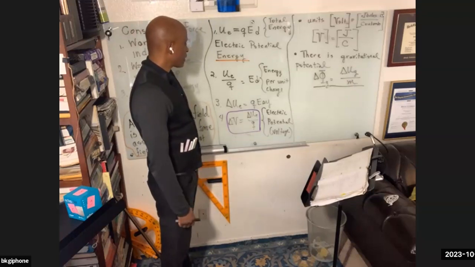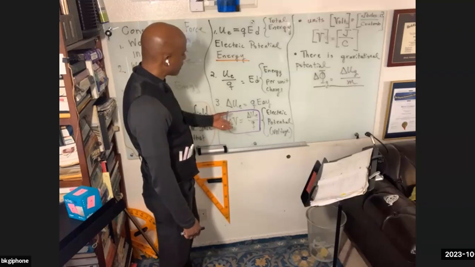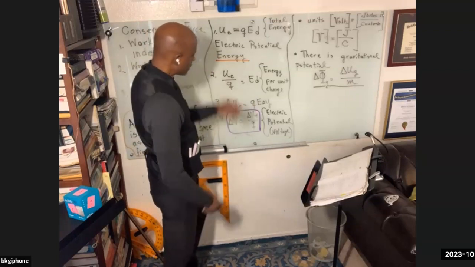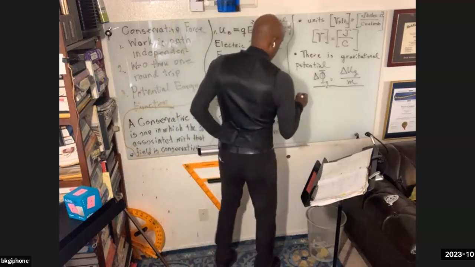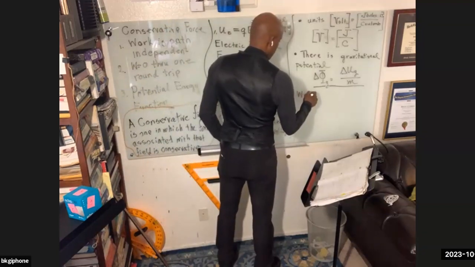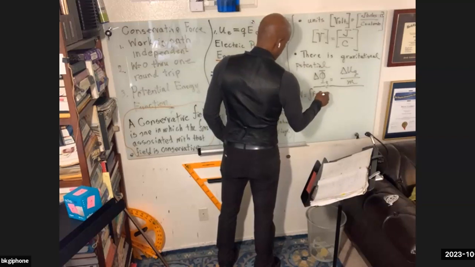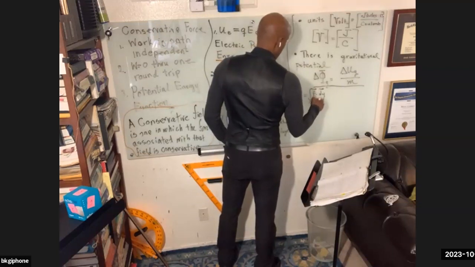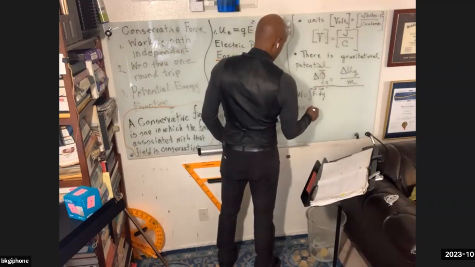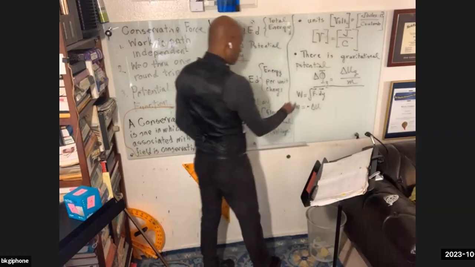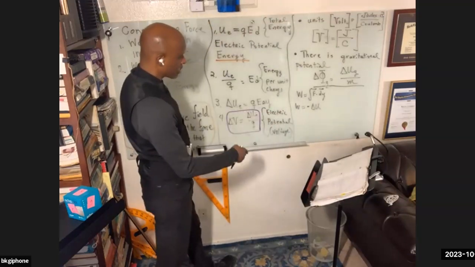There's a couple of ways we can get to it. Since this is new, I'm going to start from stuff that we already know. What I showed you earlier is that we use work, the integral of F dot dy, but we also have the general definition of potential energy, minus delta U. If two things are equal to a third, they're equal to one another.